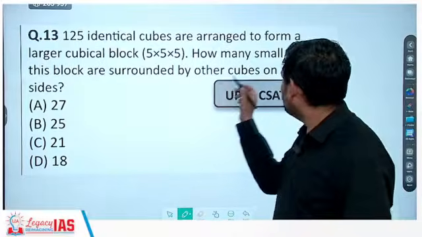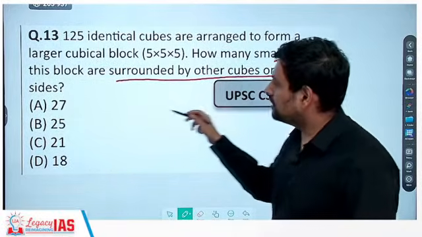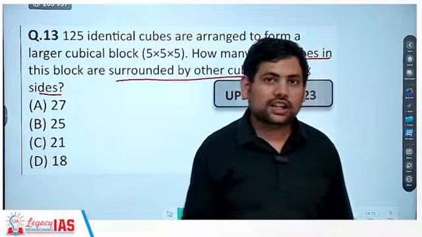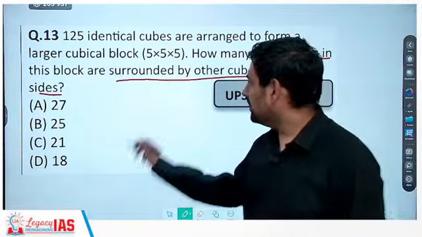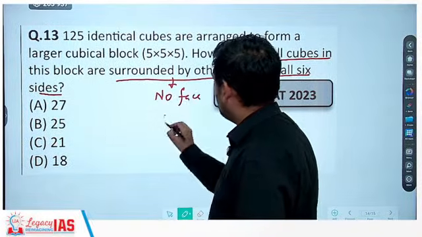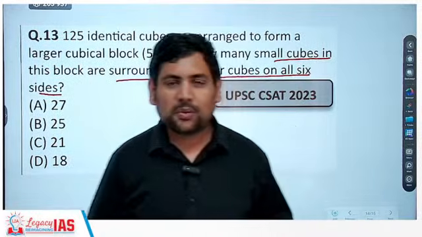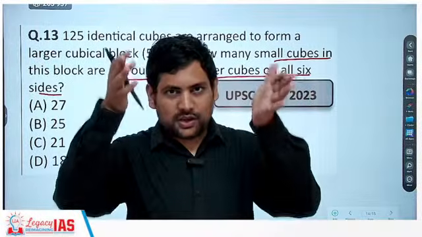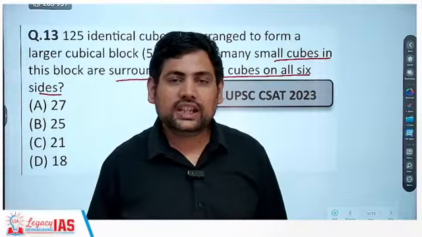What does this line mean? How many small cubes in this block are surrounded by other cubes on all six sides? Surrounded by other cubes on all six sides. This actually means no face colored. Why? Because if it is surrounded by cubes from all other sides, then when you dip it, if you remember that example, it will not get any color.